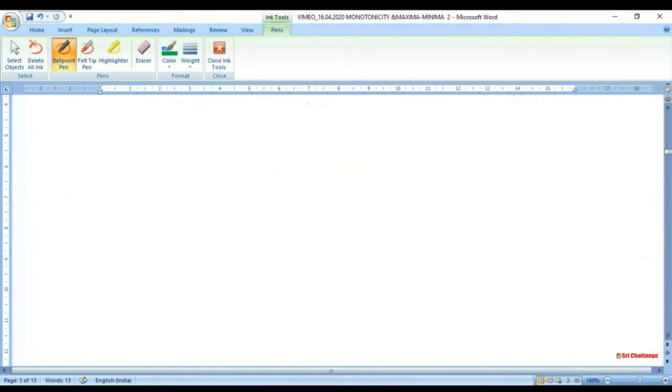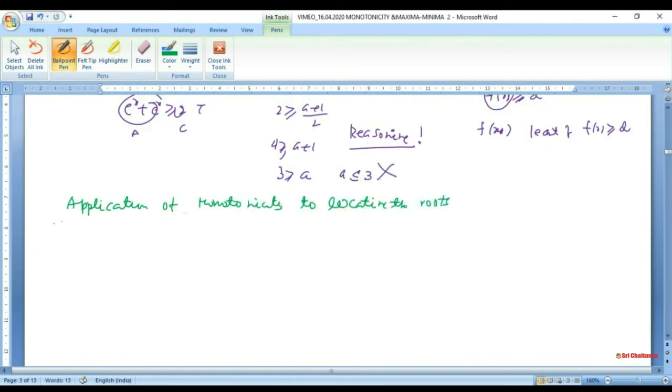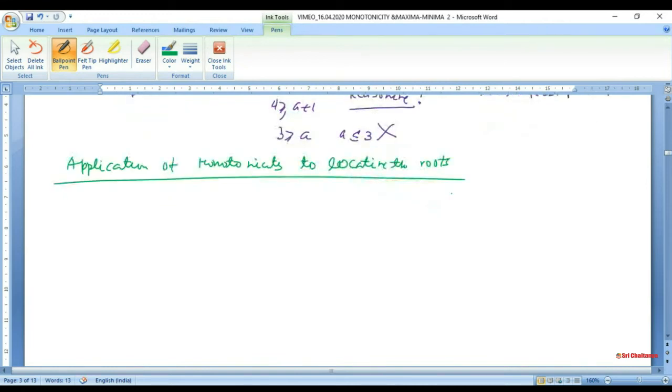One application which is always asked in examinations is how to locate roots using increasing, decreasing, or monotonicity.